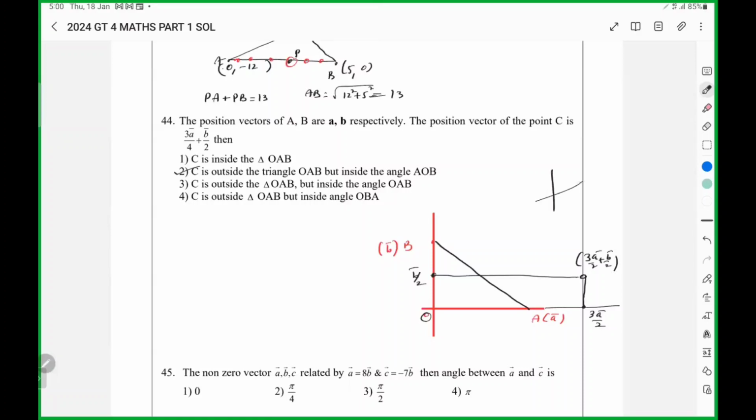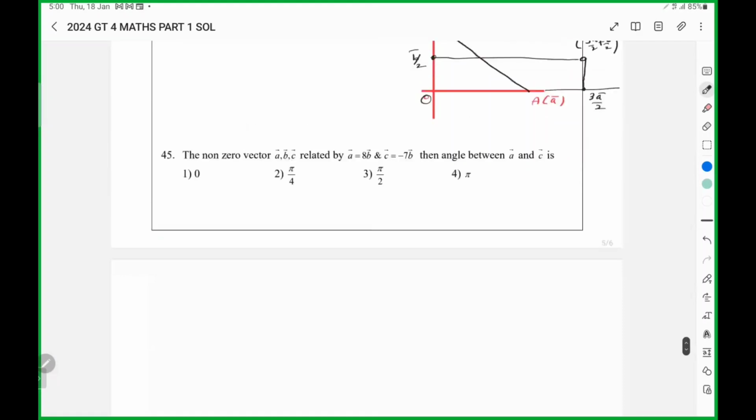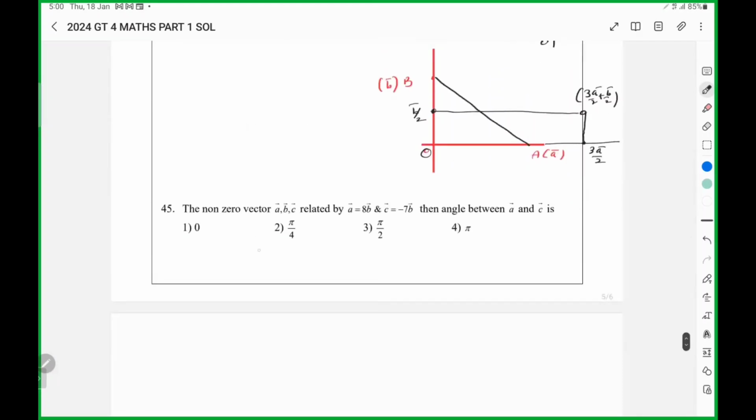You will have many regions where it is OAB, point is here. So this is in angle AOB region. Here C bar is minus 7B bar, B bar is A bar by 8. That means C bar and A bar are opposite in direction. So angle between them is obviously pi.